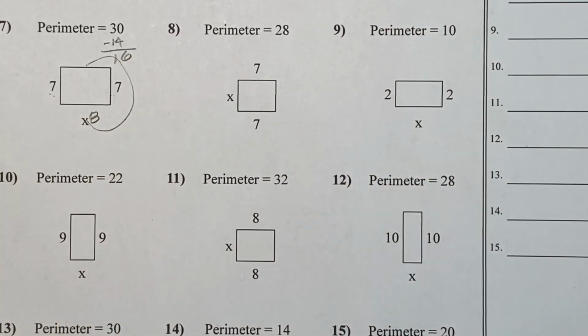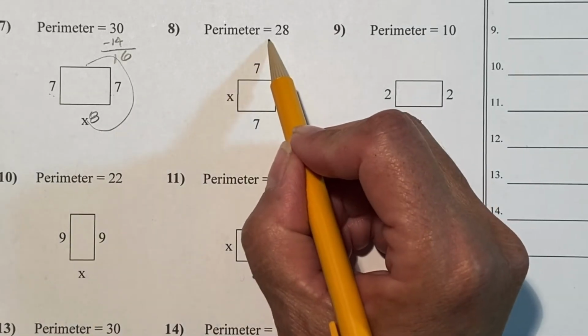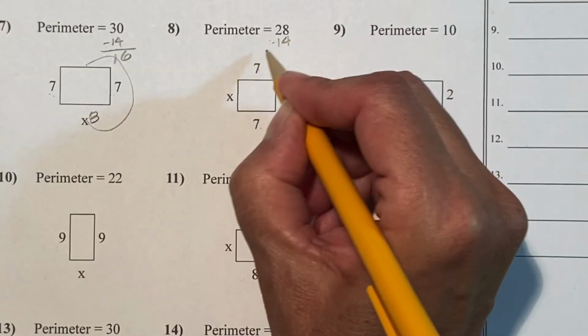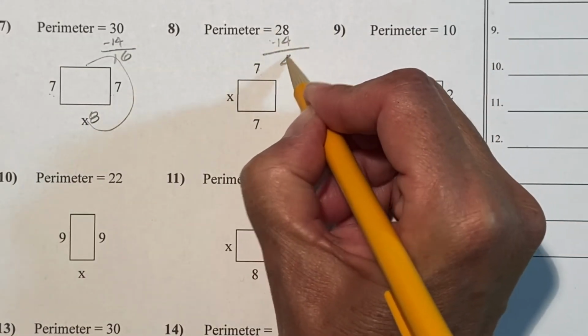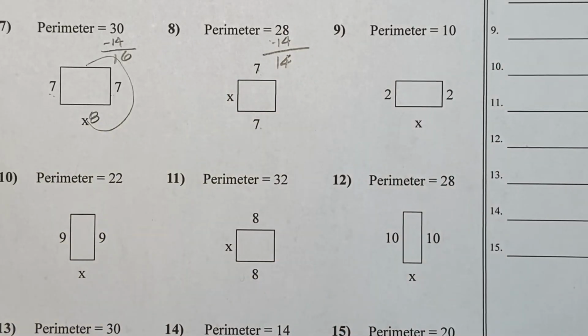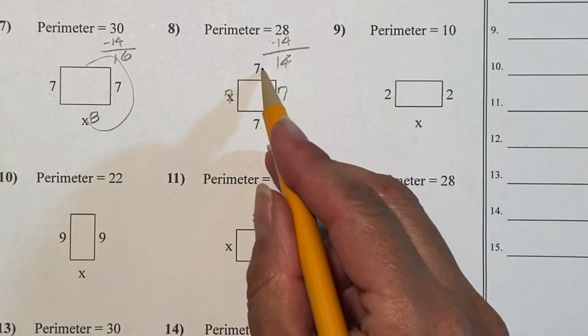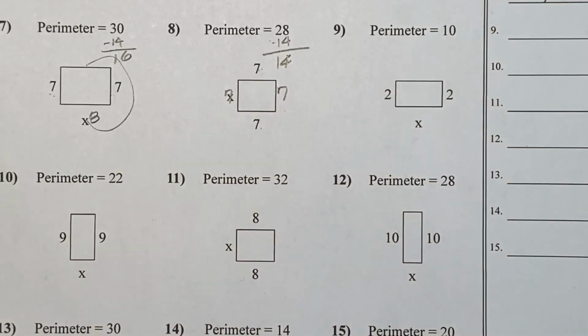Question number 8. I've got 28 total for the perimeter. I'm going to subtract these two 7s, which equal 14. My difference is 14, so half of it goes here, half of it goes here, and because they're all the same, that's a square.